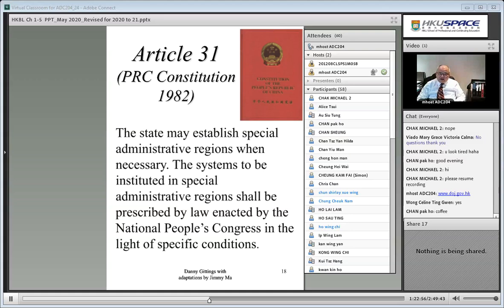So that's Article 31 verbatim. It gives flexibility to the State Council to have a system which is not a socialist system operating within mainland China, or the People's Republic of China. That's Article 31.